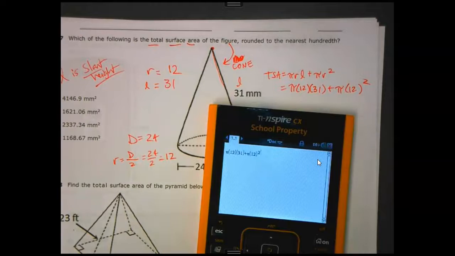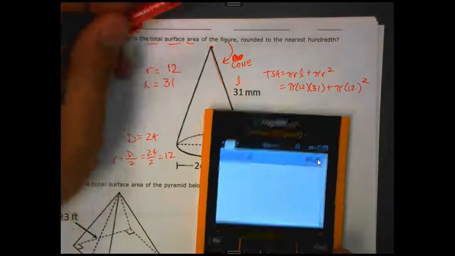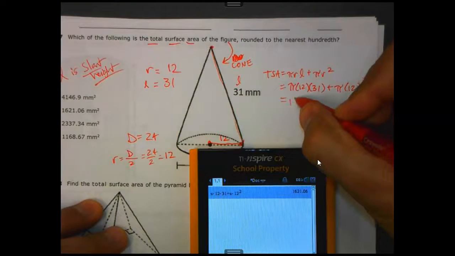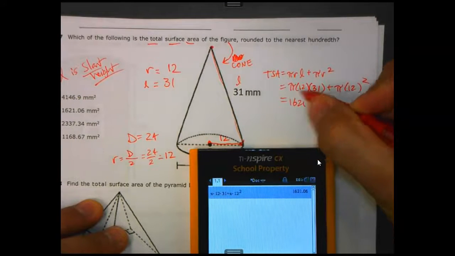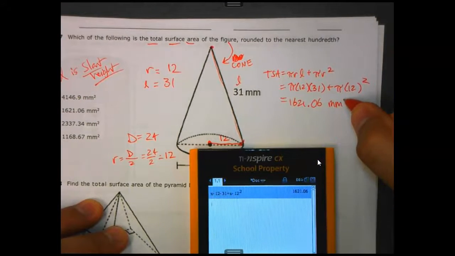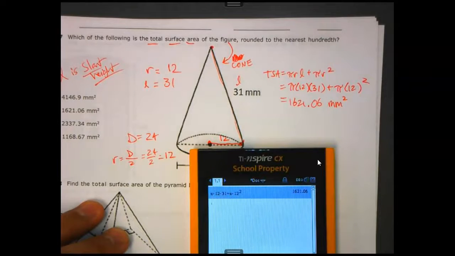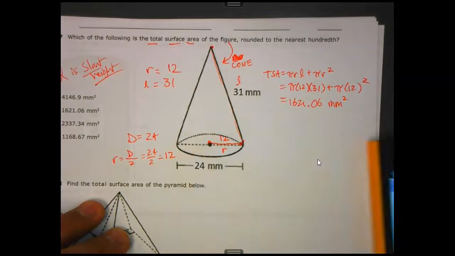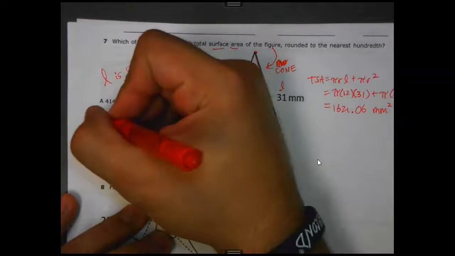Pi r L plus pi r squared. We get 1621.06. And since we're talking about millimeters, and surface area is squared, it should be 1621.06 millimeters squared, which is going to be letter B.